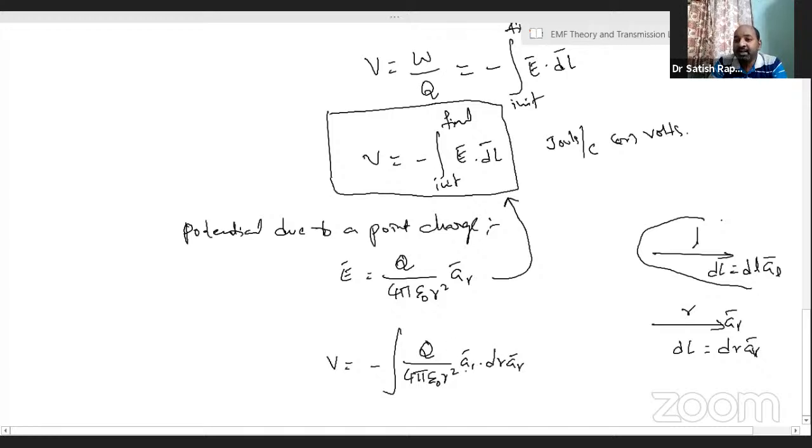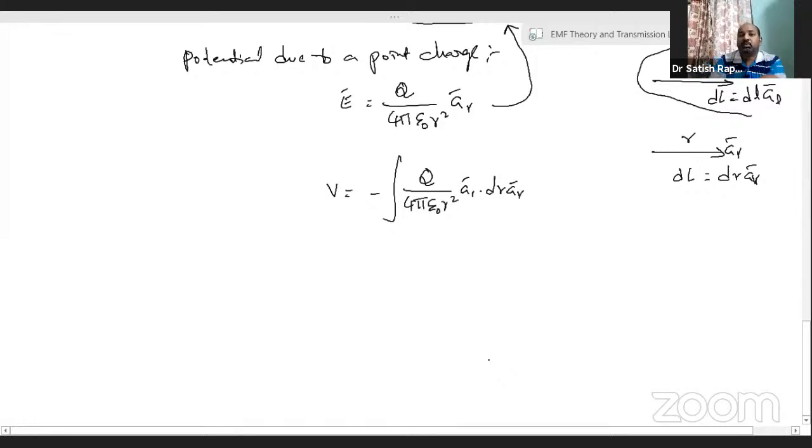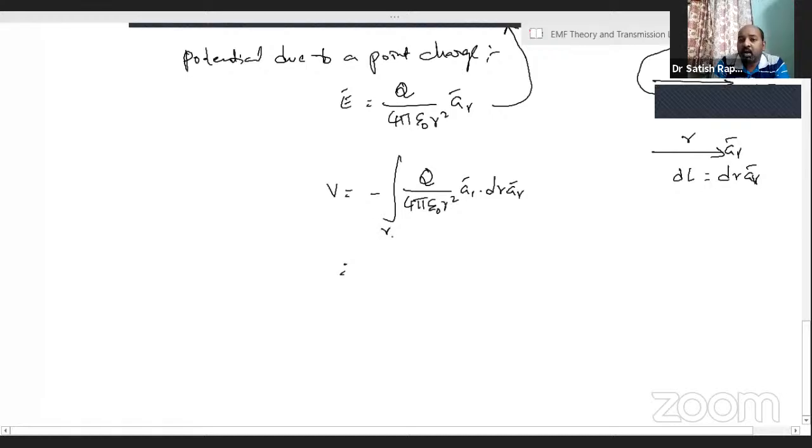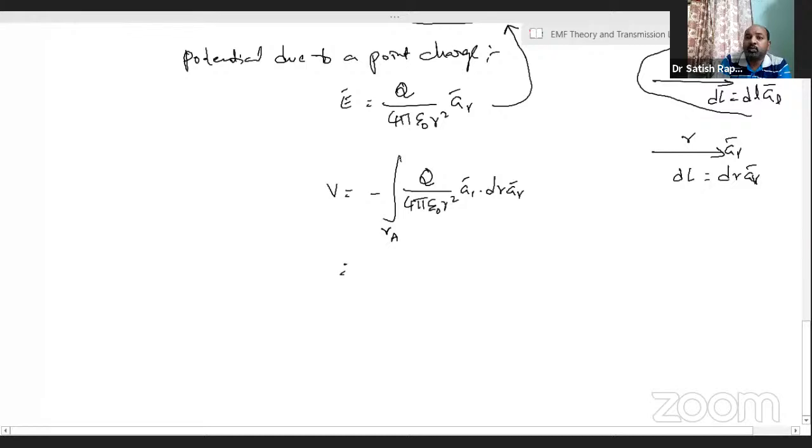So therefore, AR bar dot AR bar is 1. And here the limits are RA to RB, initial value to final value.